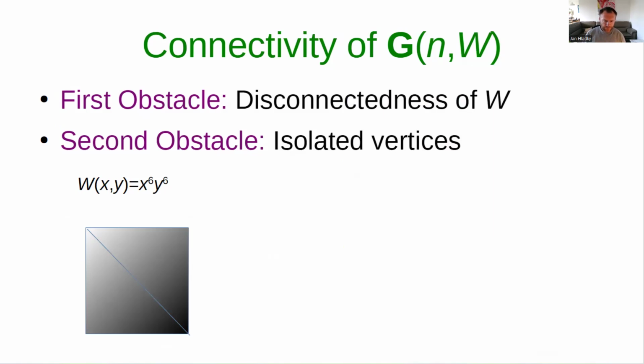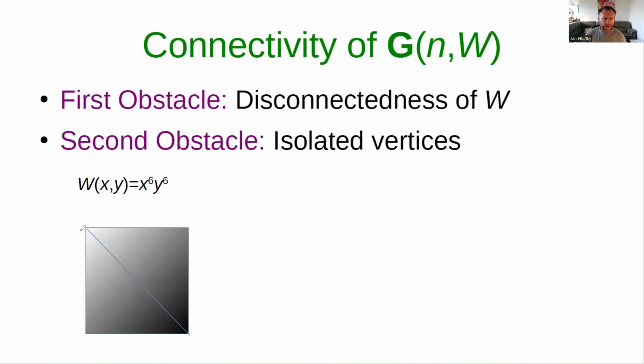And you can see how that graphon looks. The values are relatively high, close to the (1,1) corner, and they are quite small along the x equals y and x equals 0 and y equals 0 axes.